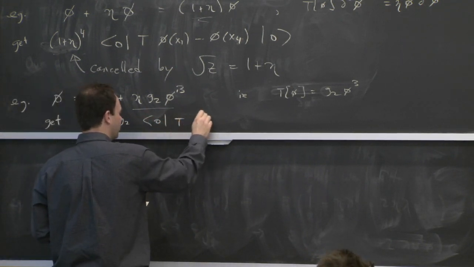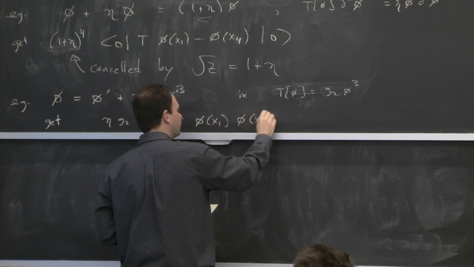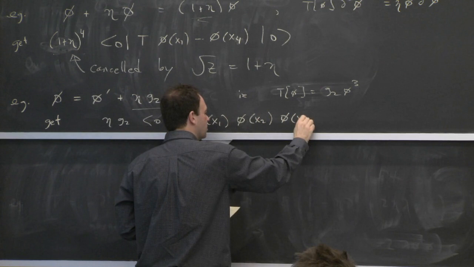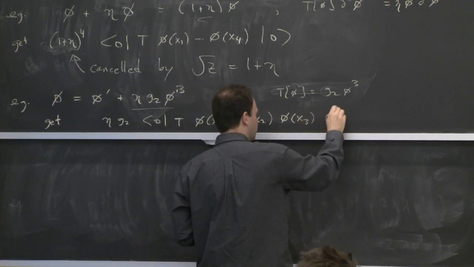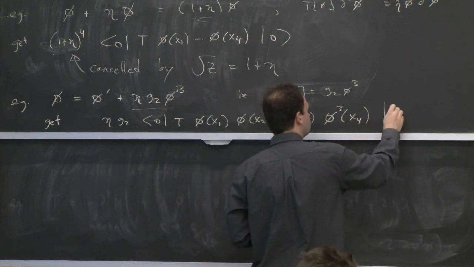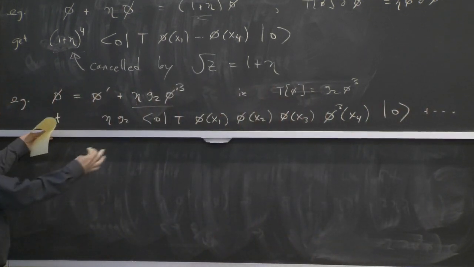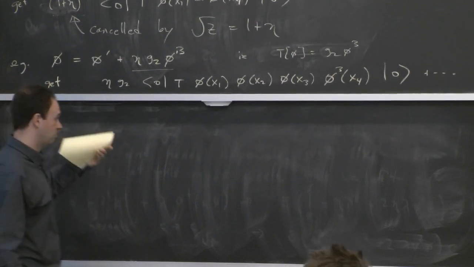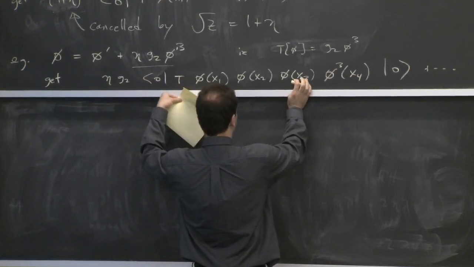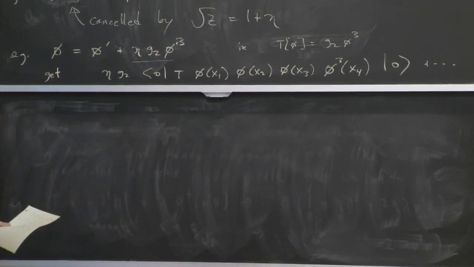And let me just write one of them. Again, thinking of it as a 4-point function. So let's just imagine I look at the change that comes from changing the 4th guy. So there's other terms from changing phi of x1, phi of x2, and phi of x3. But if I work to order eta, then I change one of them at a time. And we're only working to order eta here.